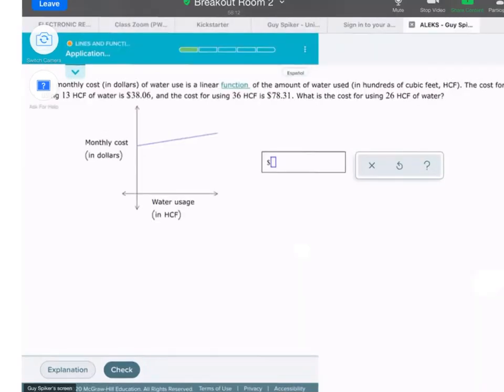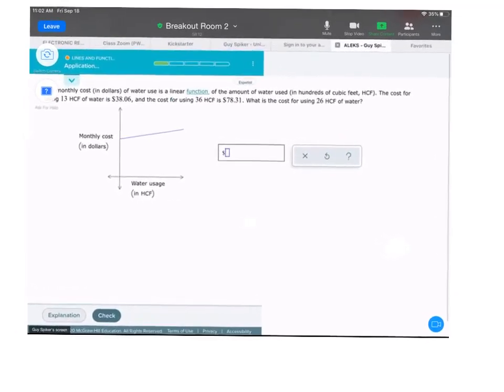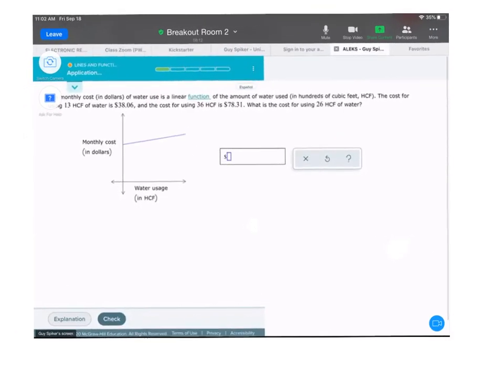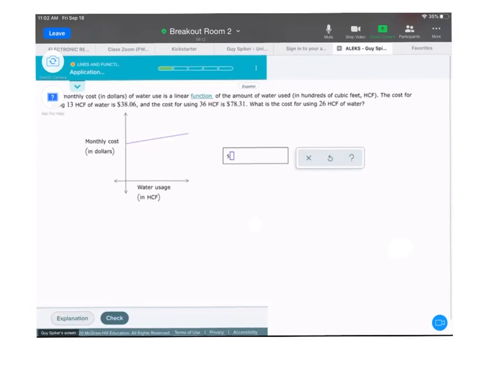All right, guys, so here's how we do these questions. The first thing you're going to do is go through and find the information that works. We've got this is important, and this is important, and this information here is important, so is this, and then we're looking for the cost using 26 HCF of water.